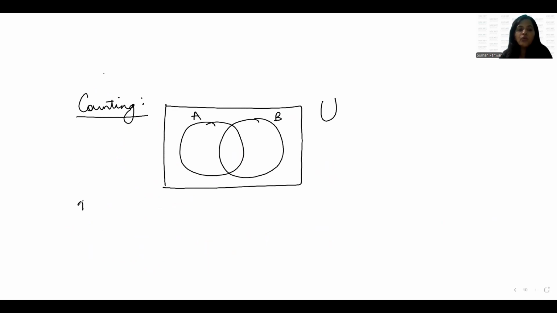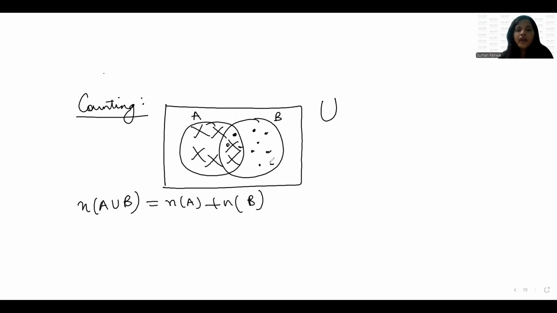So if you want to count the number of elements in A union B, you will count the elements in A, then you will count the elements in B. And then you can see that while counting the elements of A and B, you have counted this intersection twice. So I will be subtracting it.